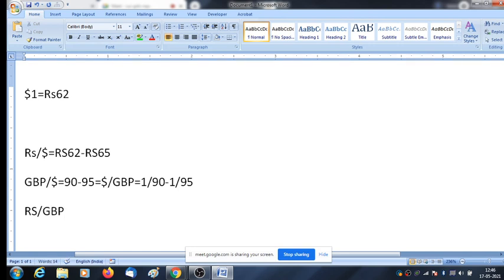So basically what we require, GBP in terms of rupees. Up to this, is it okay? Tell me. So to get this, we need to have rupees divided by dollar.